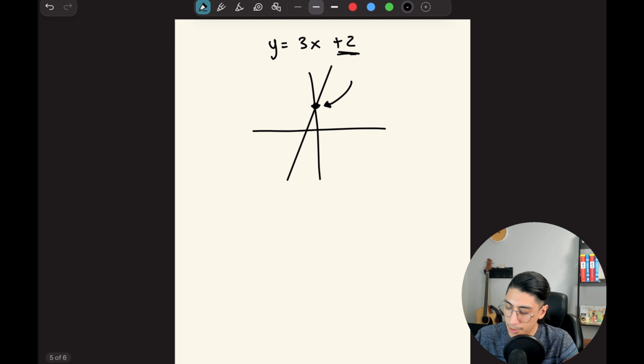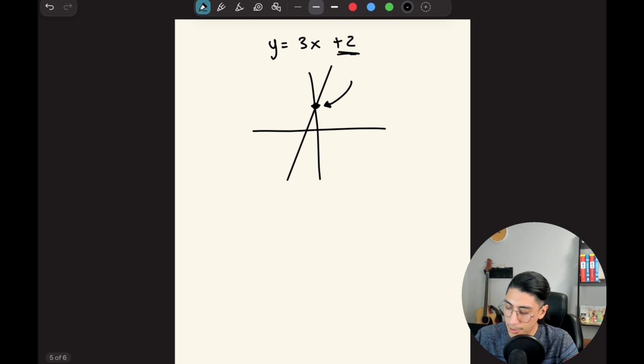If I was trying to find the x-intercept, so this one's a little bit harder to see, what would this value be? Well, I just plug in 0 for y. So I go 0 equals 3x plus 2. And then I just rearrange a little bit. I get negative 2 equals 3x. And then I get negative 2 over 3 equals x. Awesome.